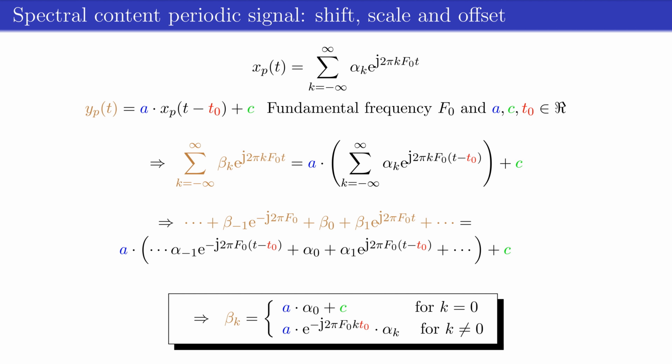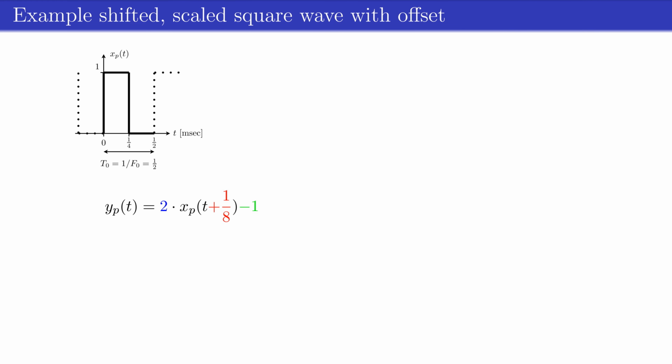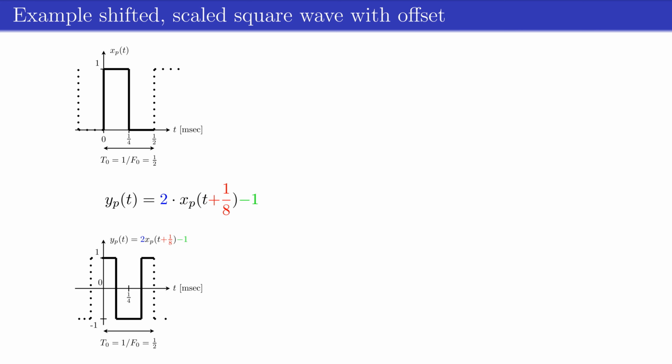As an example, the square wave xp of t, as discussed before, is used to create a new square wave yp of t, which is related to xp of t as denoted in the equation and depicted in this figure.